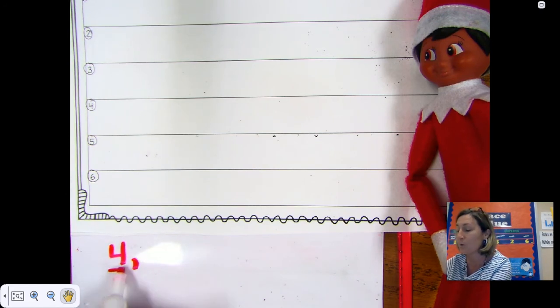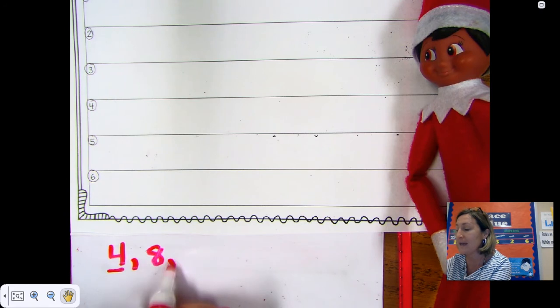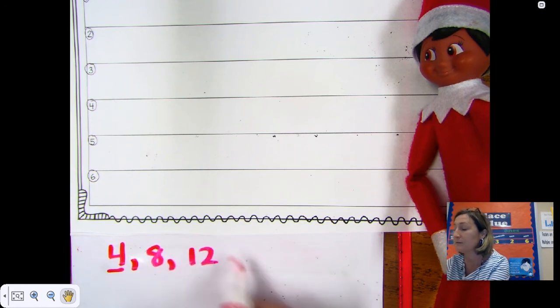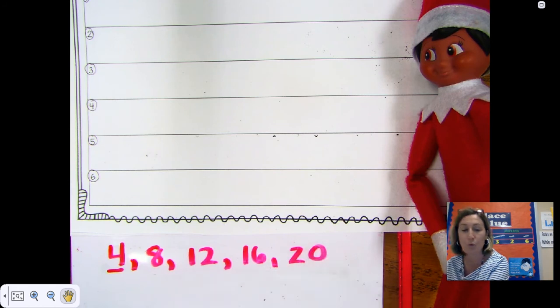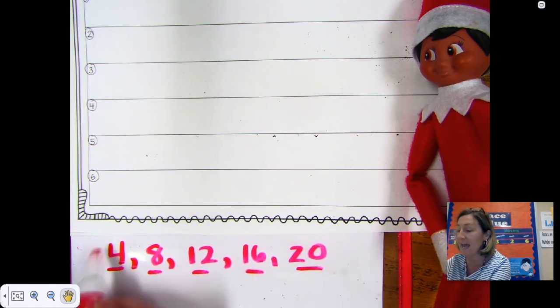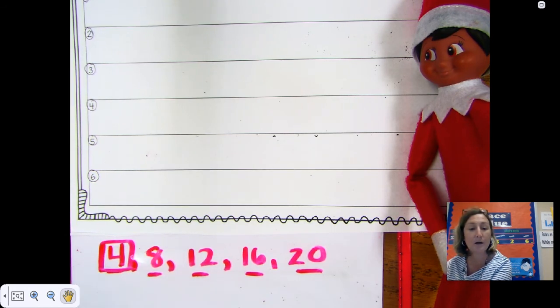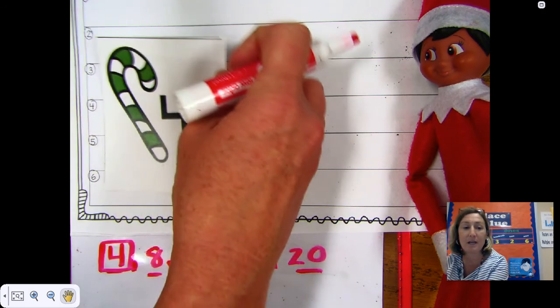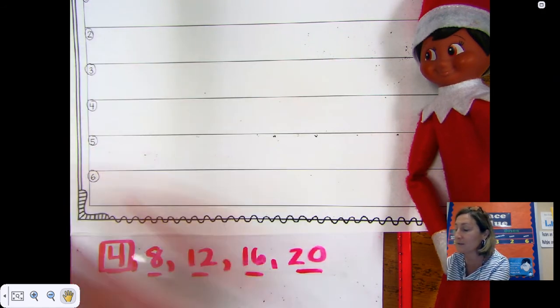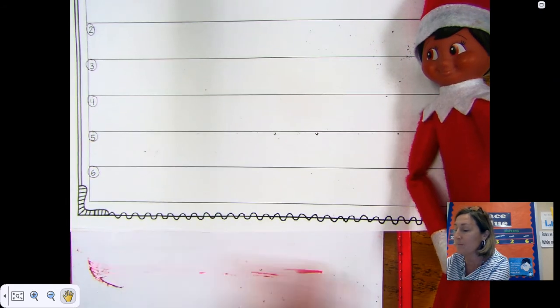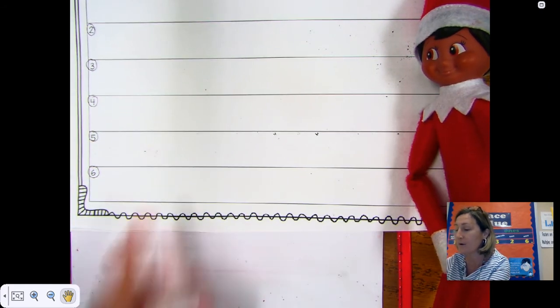So let's count by 4s. 4, 8, 12, 16, and 20. Okay, so that's just counting by a smaller number, by 4s. Do you see how that made that connection with your 40s? Your 40 for number 6? Okay, let's do one more simple number together.